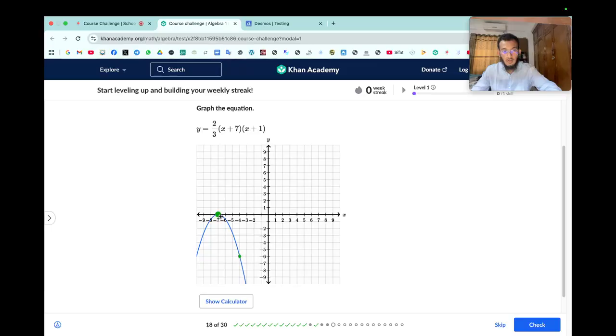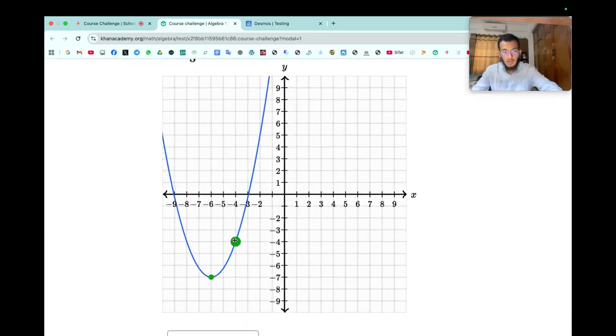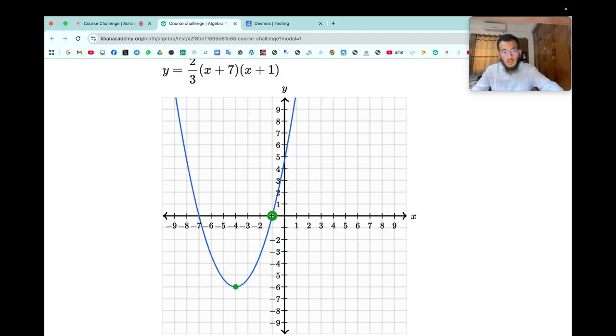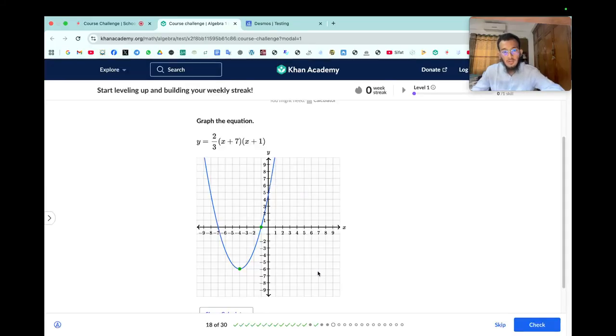Another is -1, so -1, -7, and -4, -6. Okay.